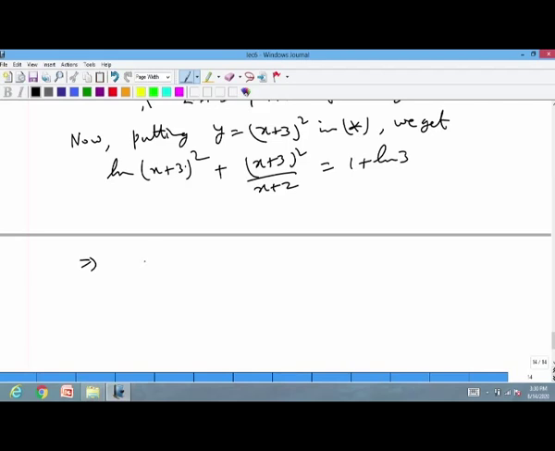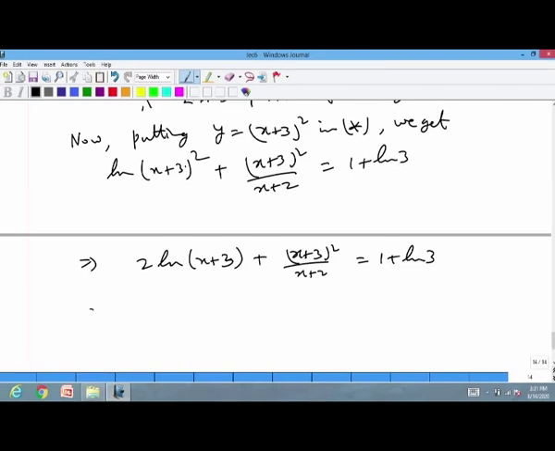That is, 2 log(x+3) + (x+3)^2/(x+2) = 1 + log 3.